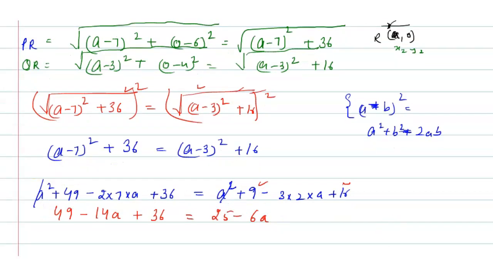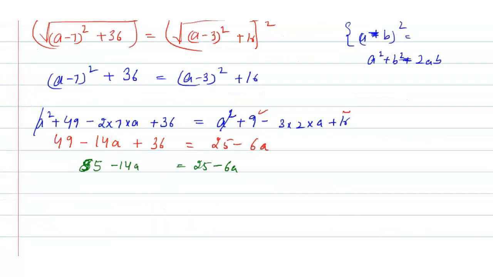In the next step we write 49 + 36 is 85, so 85 − 14a = 25 − 6a.